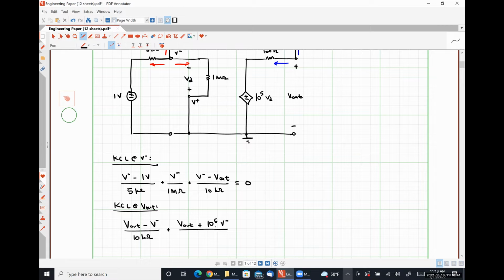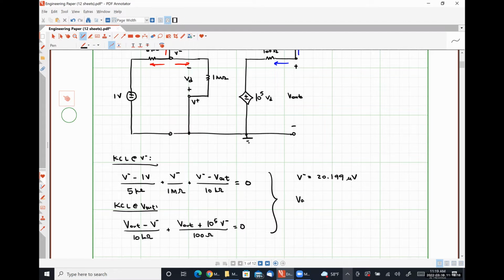And then I divide this by my 100 ohm resistor and set it equal to 0. So I now have a simple system, 2 equations, 2 unknowns that I can solve. And in doing so, I will find out that V minus is equal to 20.199 microvolts, very, very small number.